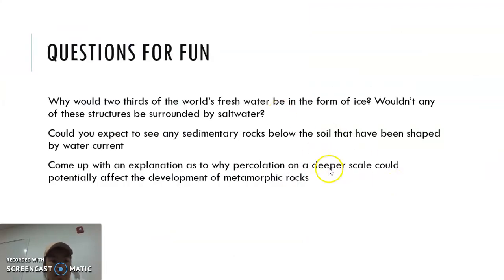And just to end off, I've also posted a couple of questions for fun too, that you guys can think about a little more, that I thought about when I was going over the lab and studying this specific chapter.